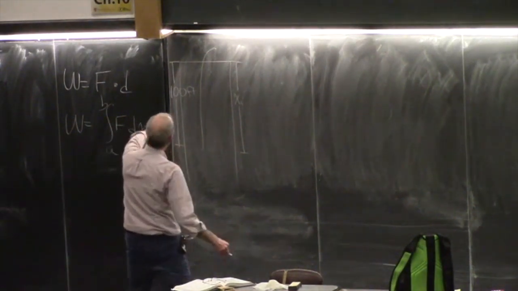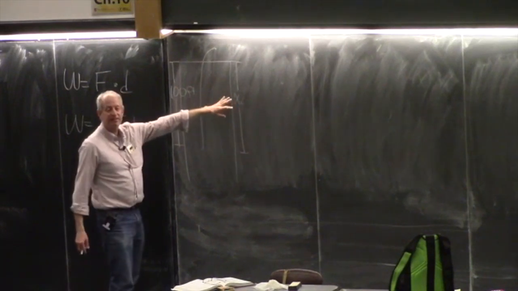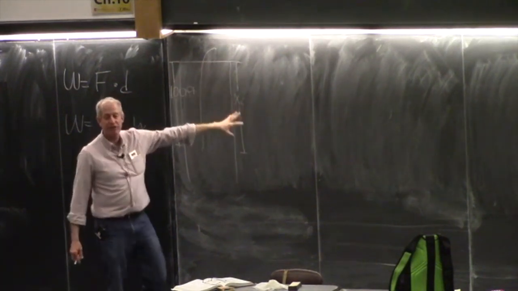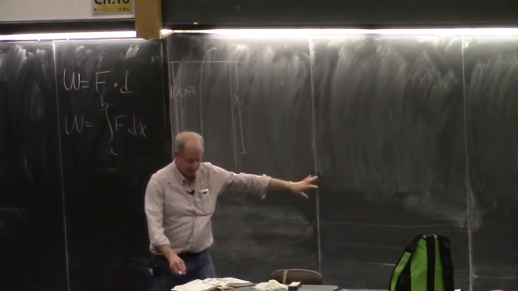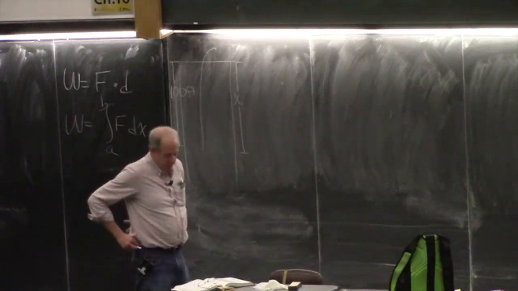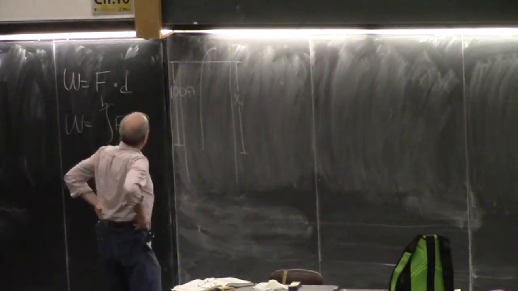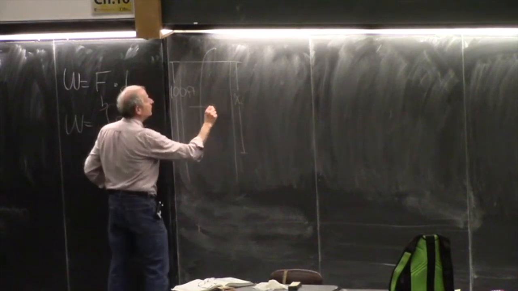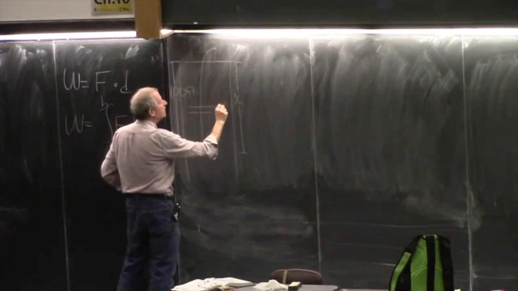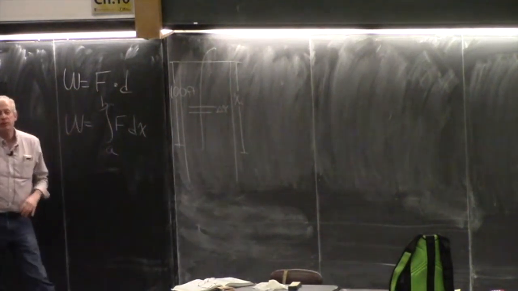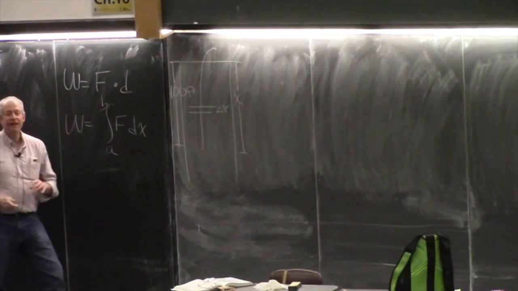So i is any moment, so x of 10, x of 11, x of 12, whatever. When you do the numerical calculus, that x of i is going to go away. And we imagine the cable is cut into little pieces, each of which has width delta x.